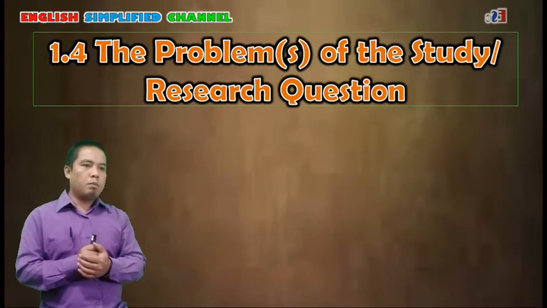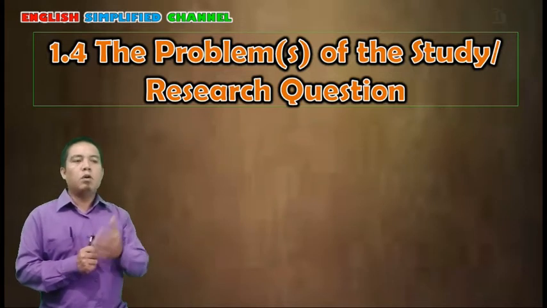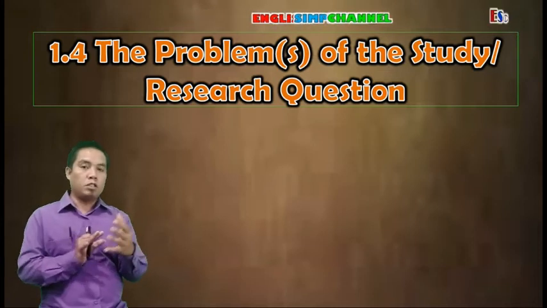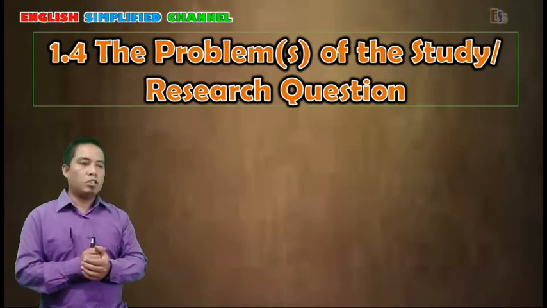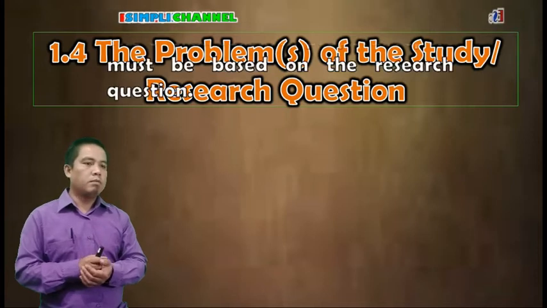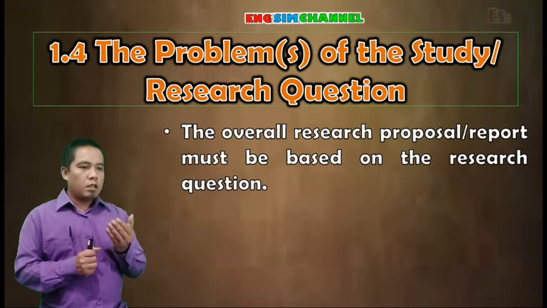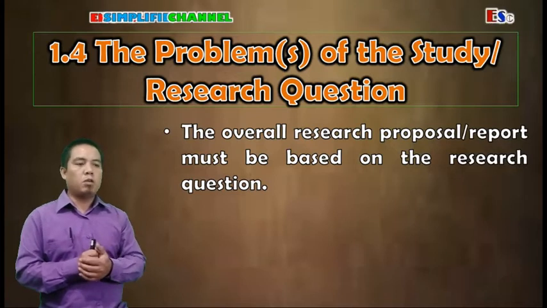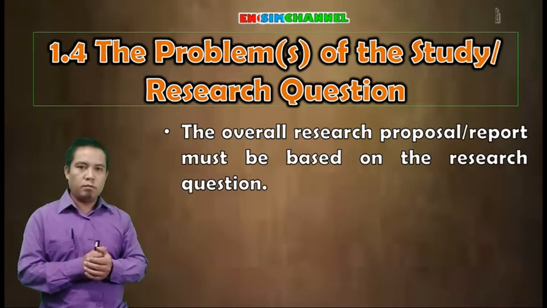1.4 is the problems of the study. So the problem of the study, you may have other terms, research question. The overall research proposal or research report must be based on the research question.